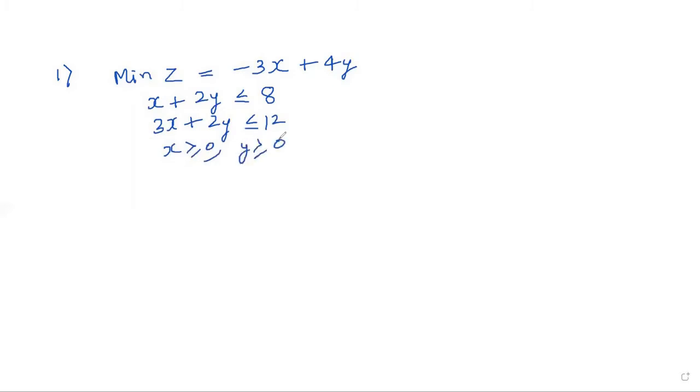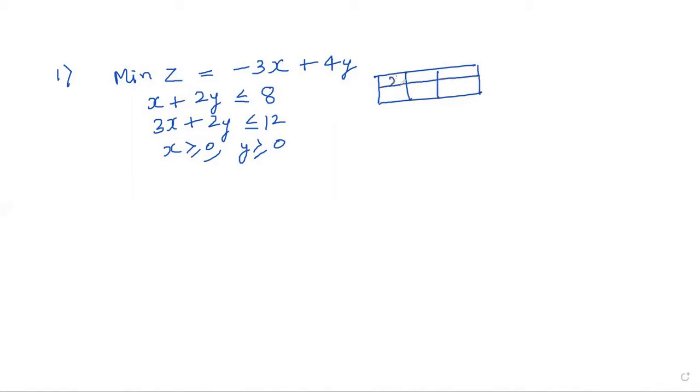Now the way you all have solved inequalities in class 11, we are going to do it that way. For the first inequality, my equation is x plus 2y equal to 8. We'll first make a quick table for this, taking any two values.